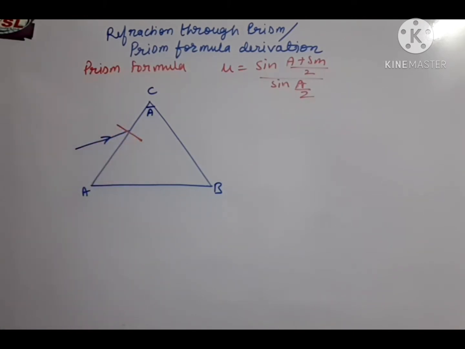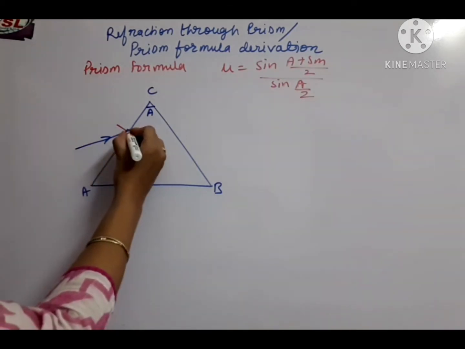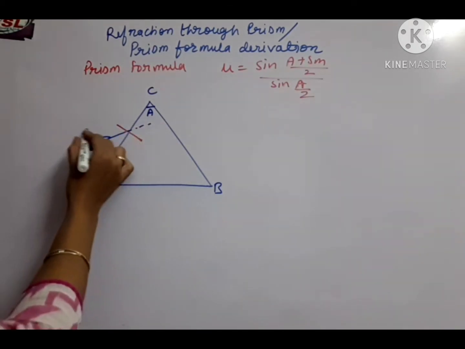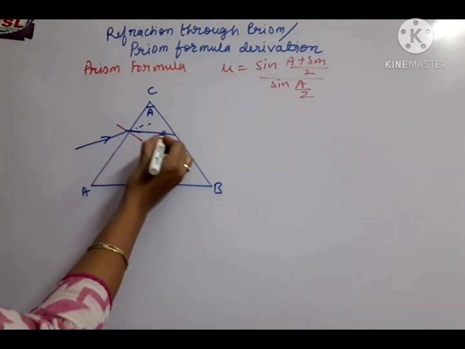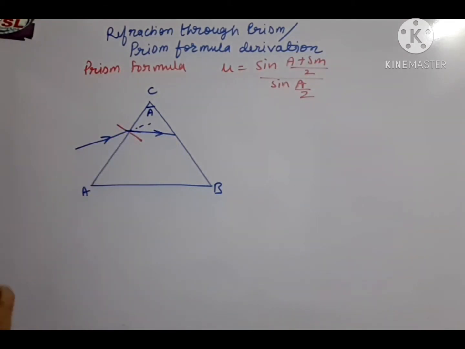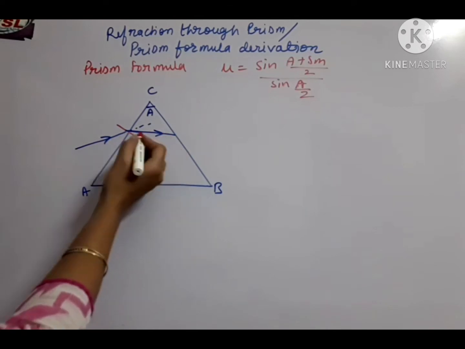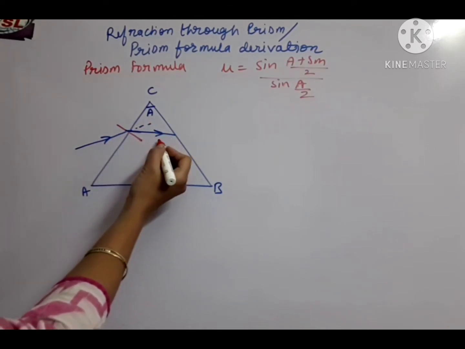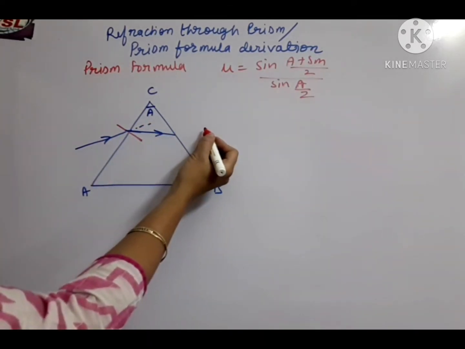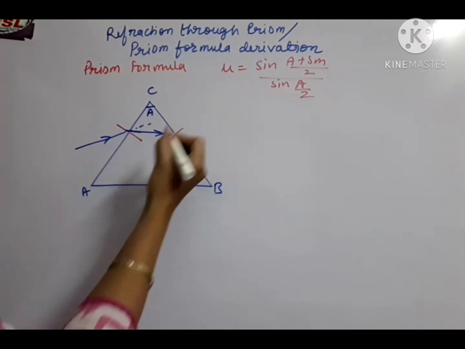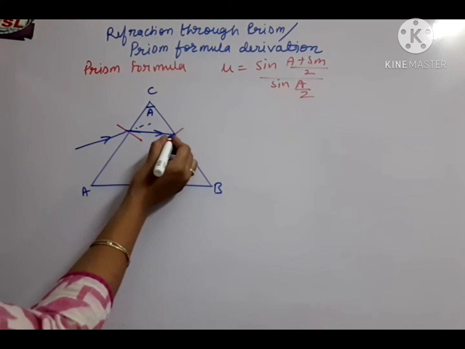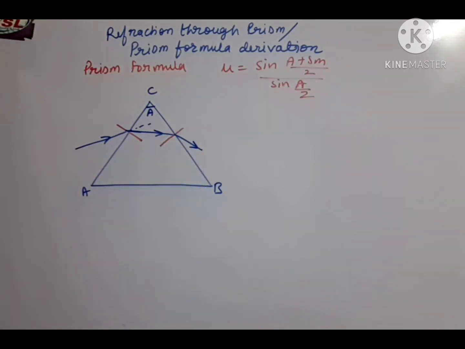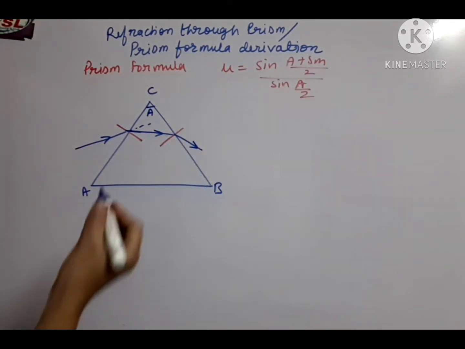This is the normal, and because we are going from air to glass, the light should turn towards the normal. Then it will go straight as long as the glass medium continues. Then again from glass to air we need to draw a normal, and because we are going from glass to air, it should turn away from the normal. This we have discussed before also.